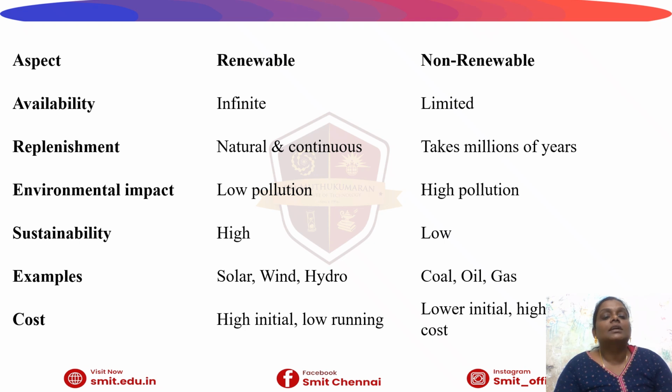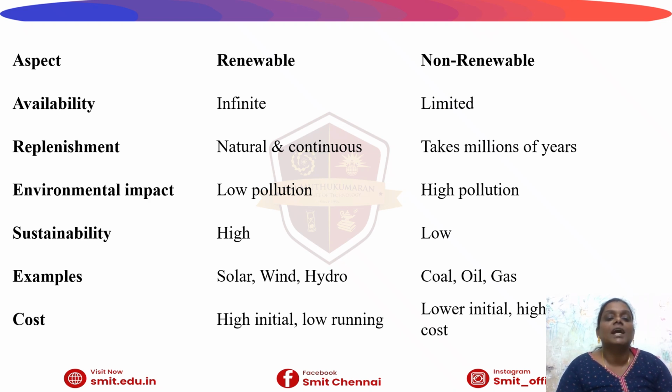And comparing renewable energy and non-renewable energy, the availability in renewable energy is infinite, and in non-renewable energy it is limited. Replenishment in renewable energy is natural and continuous, and in non-renewable energy it takes millions of years. In environmental impact, renewable energy is low pollution, compared to non-renewable energy, which is high pollution.